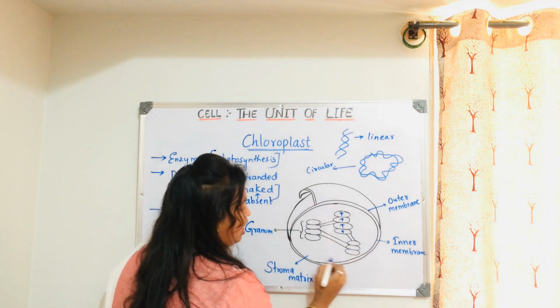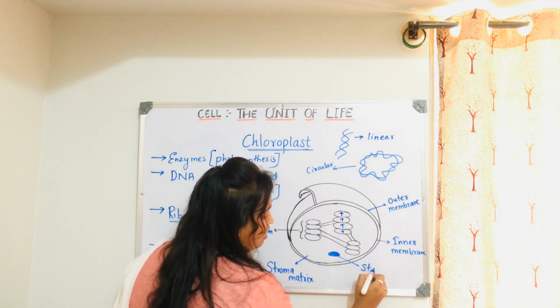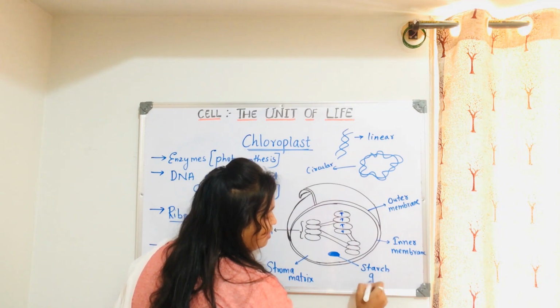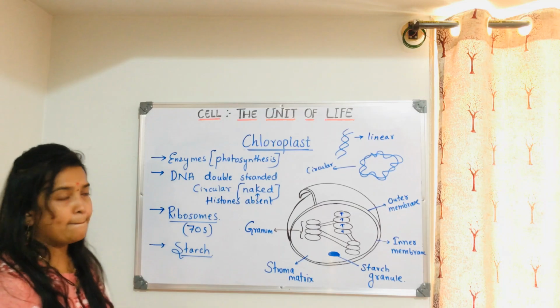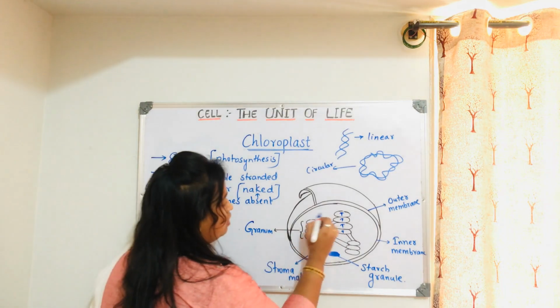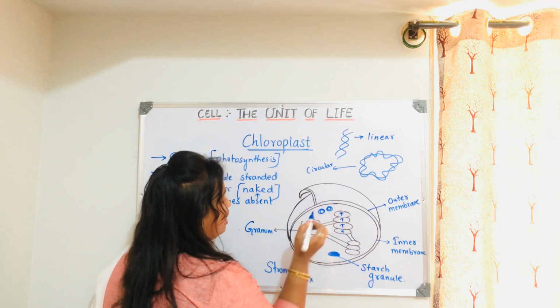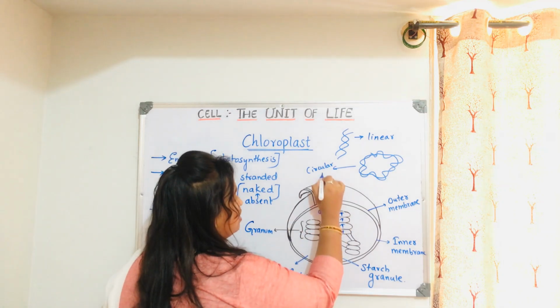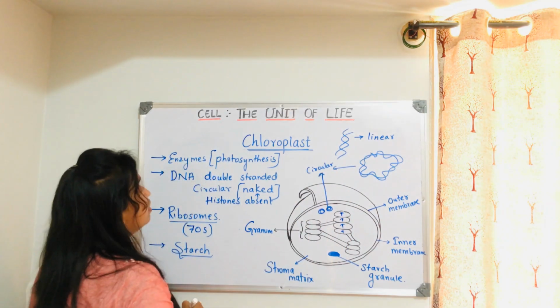You will find starch granules like this. It can be called a starch granule. And then you have the double stranded circular DNA. Shall I rub this?